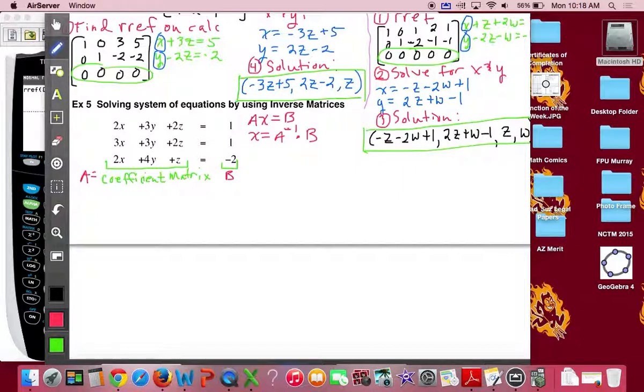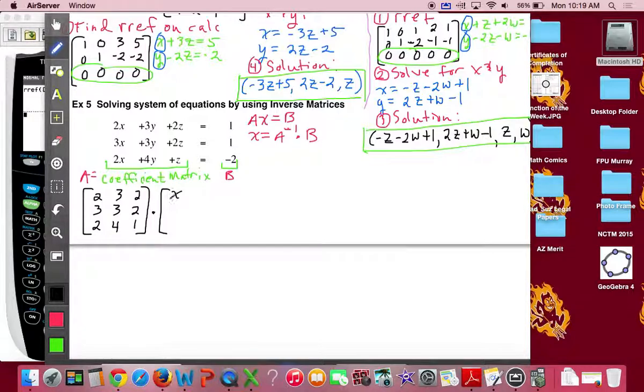So if we were to write out the coefficient matrix, you would have 2, 3, 2 going down in columns, 3, 3, 4, 2, 2, 1. So there's your coefficient matrix, and we're going from right here. A times X equals B. So then times your X matrix is going to look like your variables.